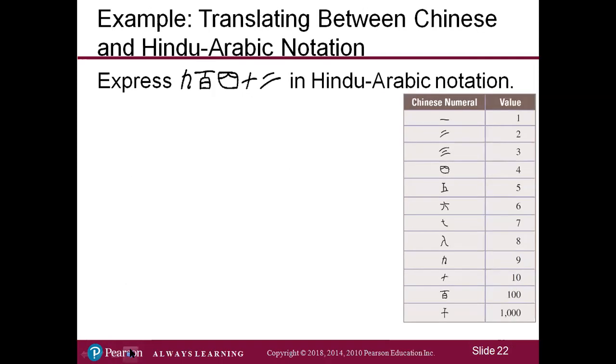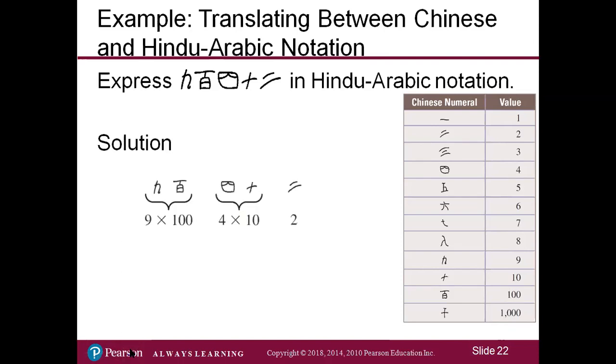Express these 5 symbols in Hindu-Arabic notation. Solution. The one that kind of looks like an H is a 9, and then the one that kind of looks like a T is 100. So we have 9 times 100. And then we have another coefficient of 4, looking like a window, maybe with a little curtain on the top, times a lowercase looking t, right?